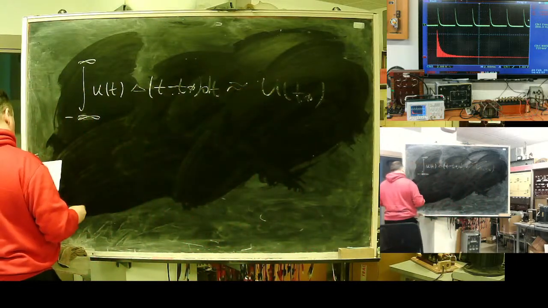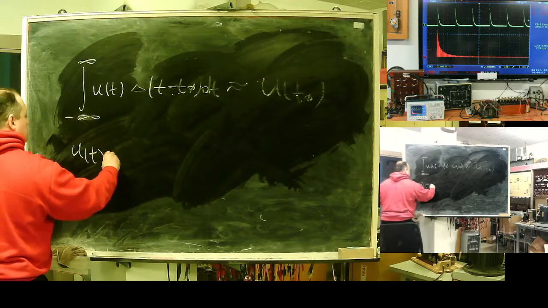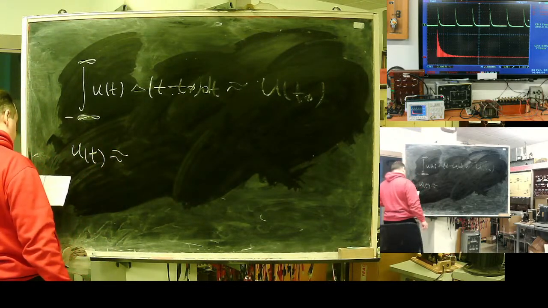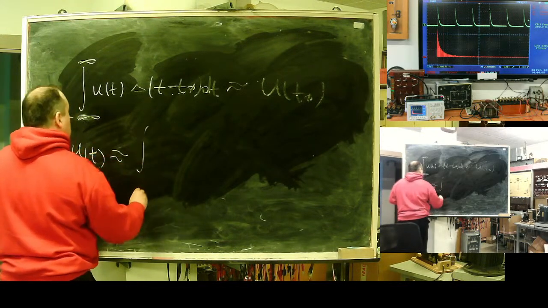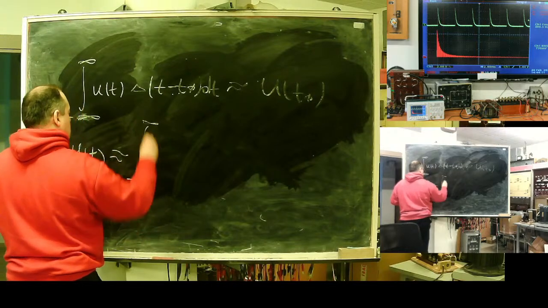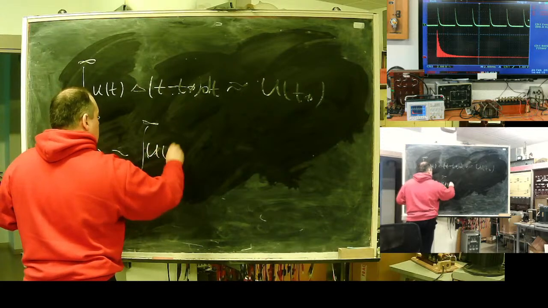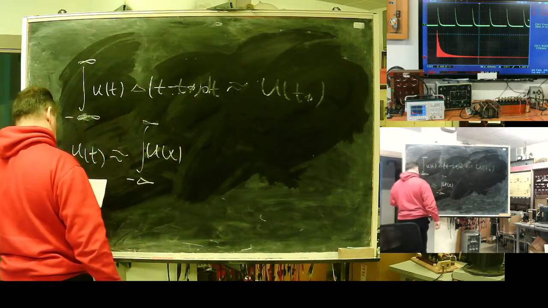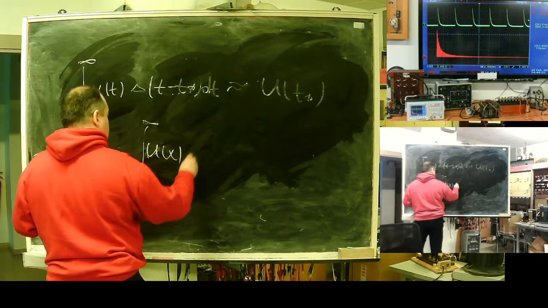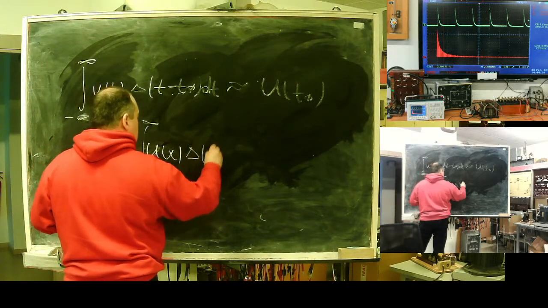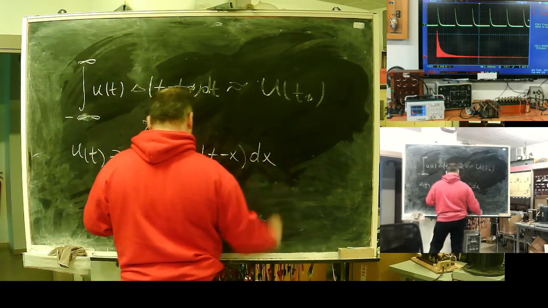And also I can substitute the whole signal with a sequence of what? The integral from minus infinity to infinity. I need to introduce some variable, but this will be delta x dx.